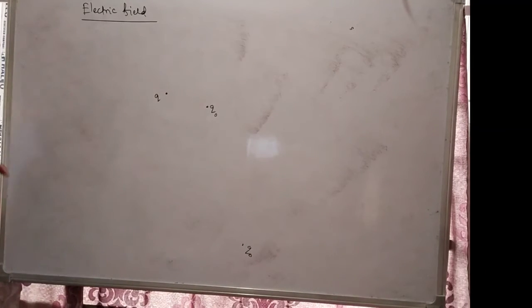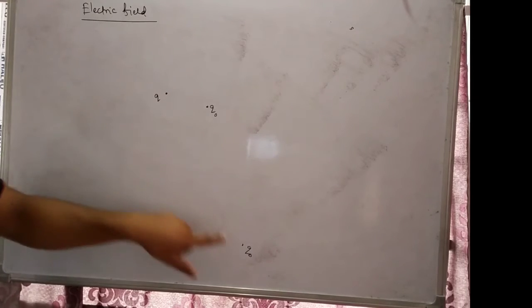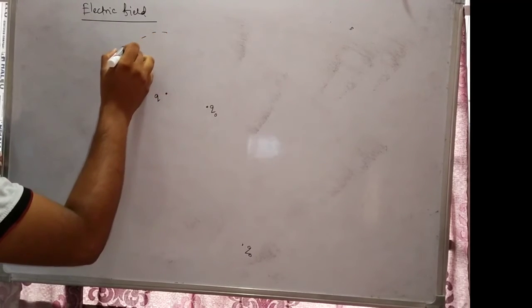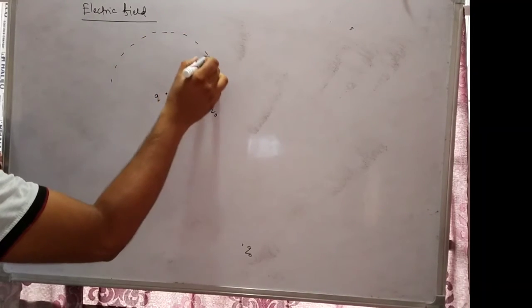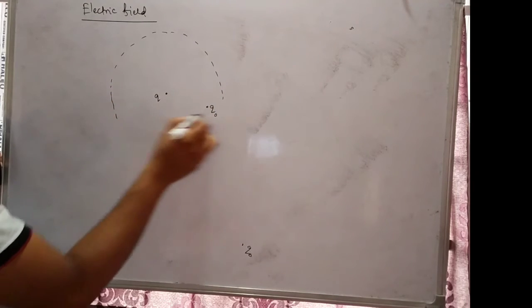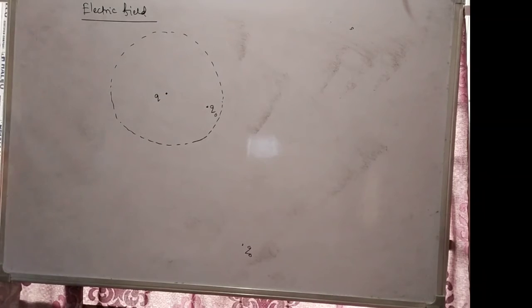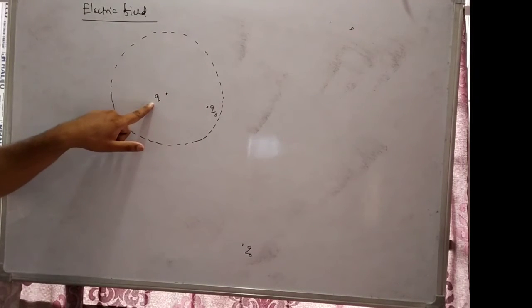So the question is, when we increase the distance, why is this charge unable to apply force on Q0? Because this charge Q will create an electric field in its surroundings like this.